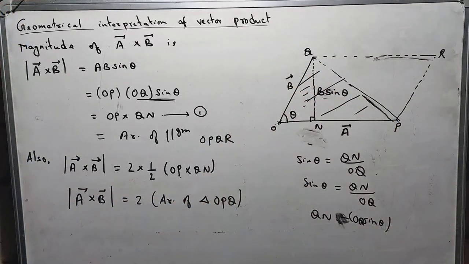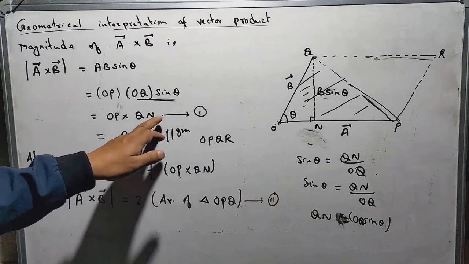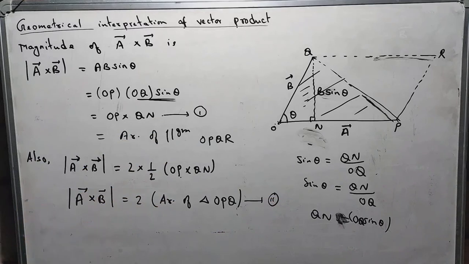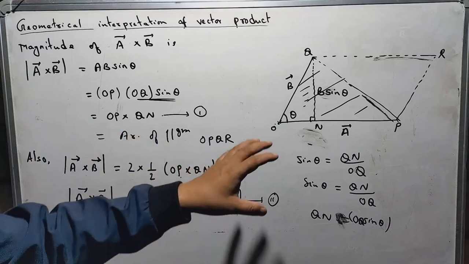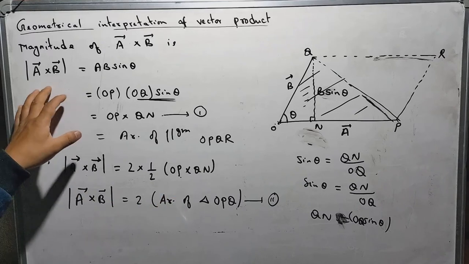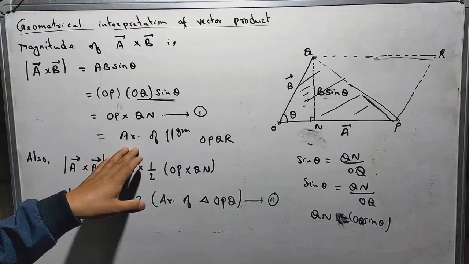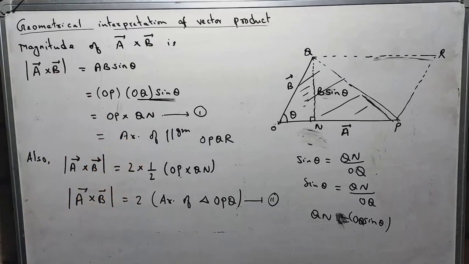So this is your equation 2. So either equation 1 or equation 2 gives you the magnitude of the vector product. This we obtained geometrically by considering the two vectors represented by the two adjacent sides of a parallelogram. So please remember, the magnitude of the vector product is either equal to the area of a parallelogram or equal to twice the area of a triangle.